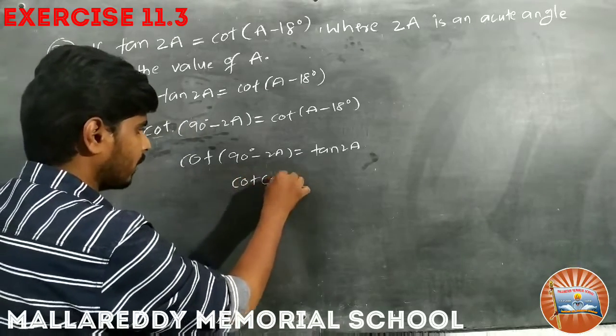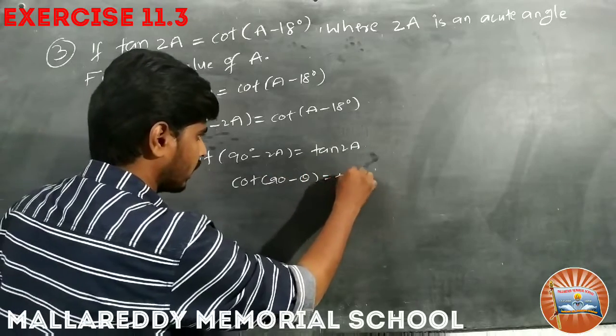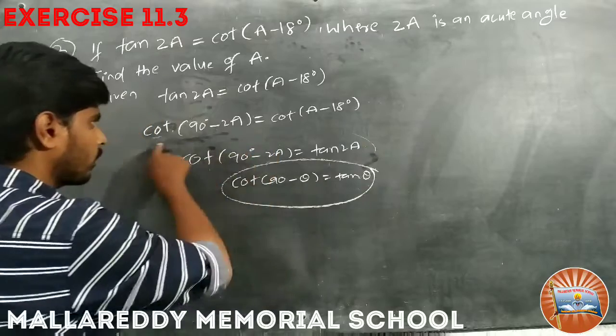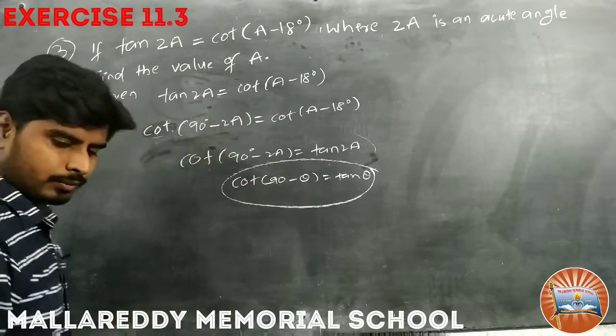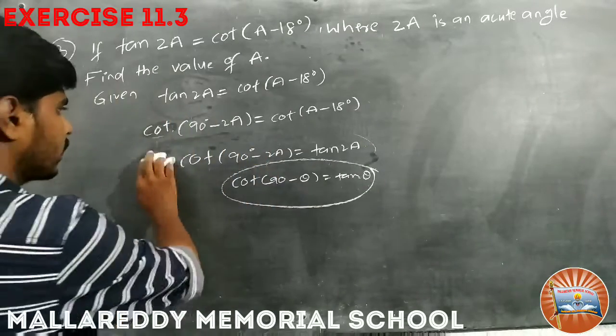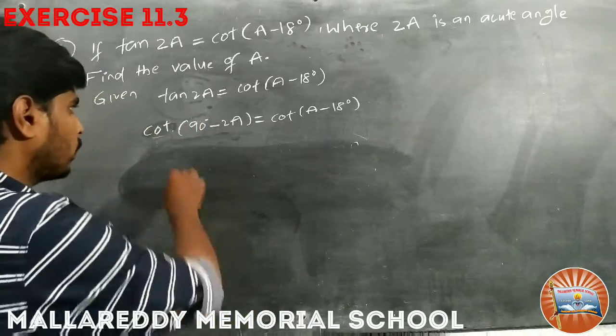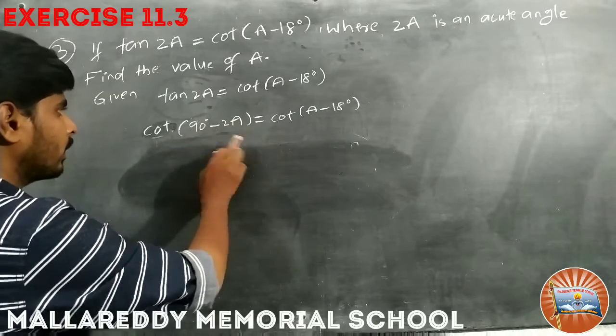So cot(90 minus theta) equals tan theta. By using this formula I have written this, okay, isn't it? So this is the formula I have used here. So now in both the sides I am removing cot.